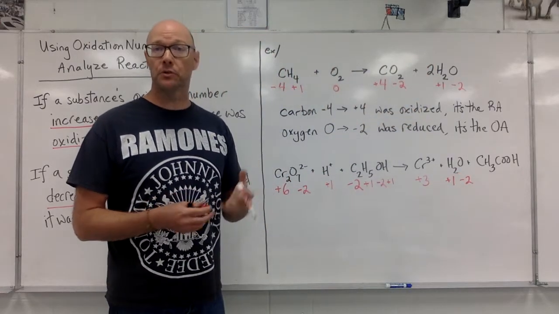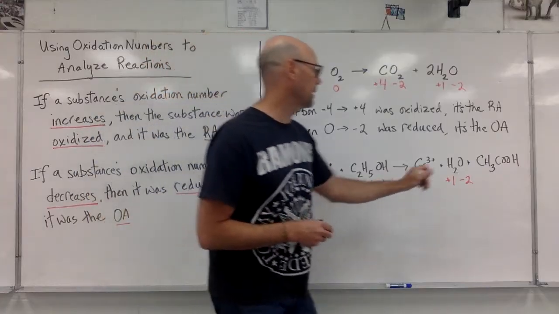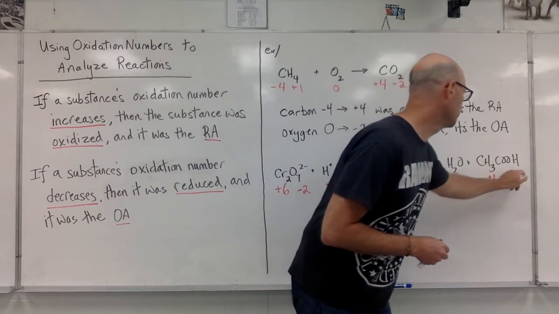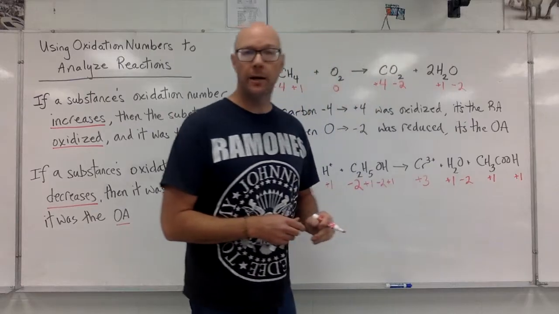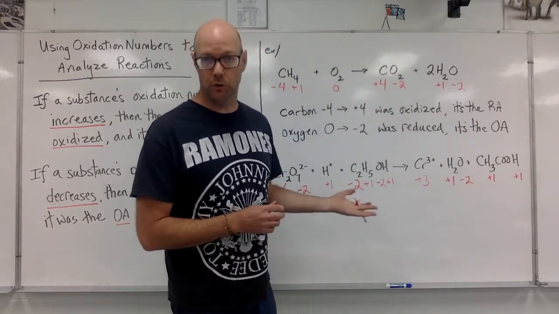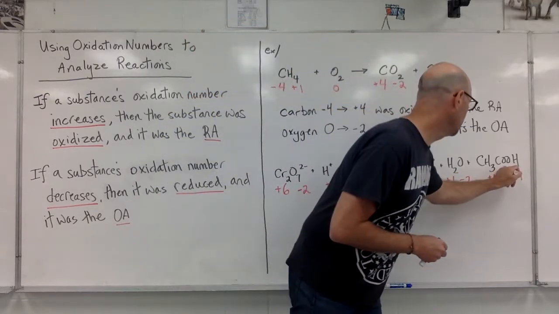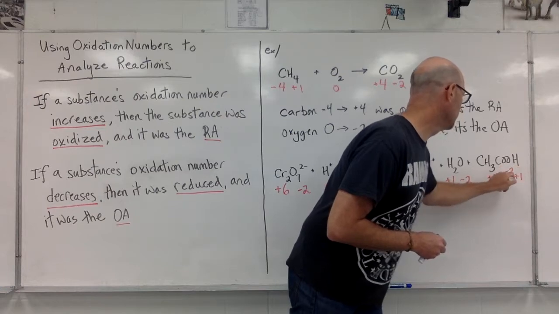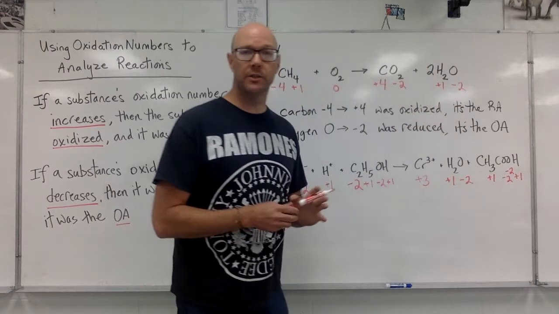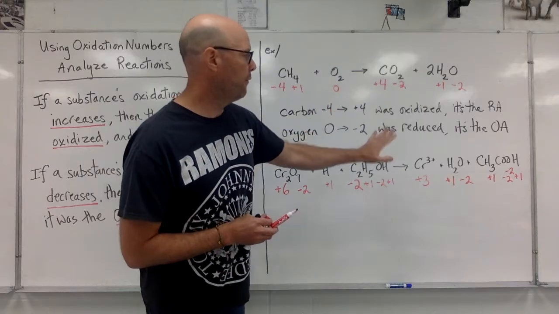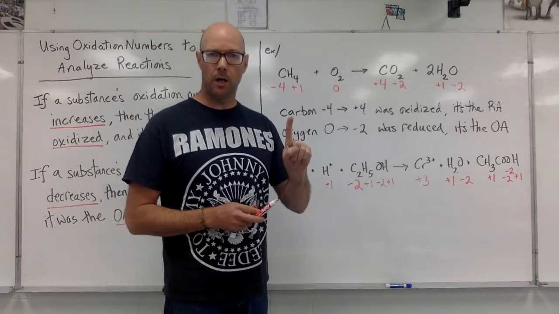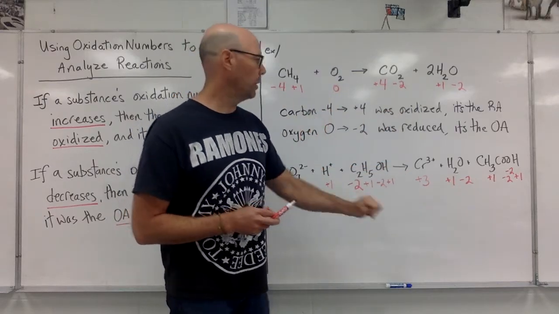And we have a bit of a process for the acetic acid here at the back. Hydrogen is +1, shows up in 2 different spots, but that's okay. These oxygens are all -2. We have 4 hydrogens at +1, that makes +4.